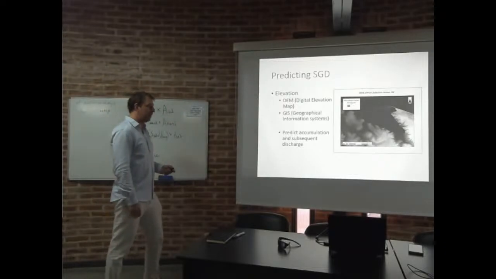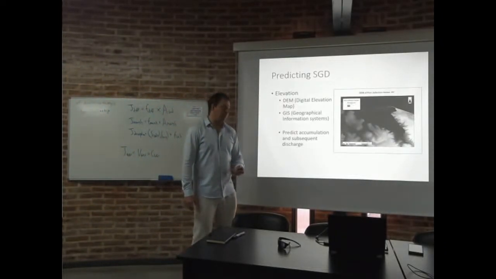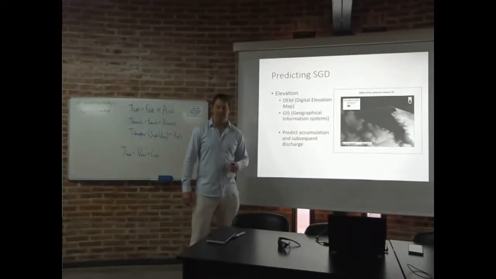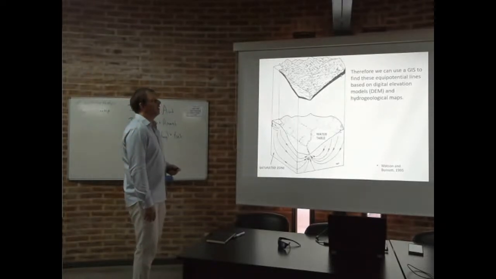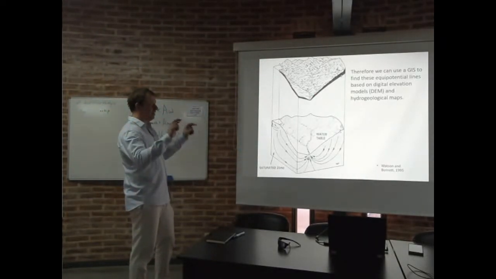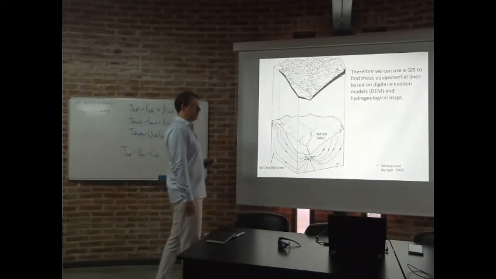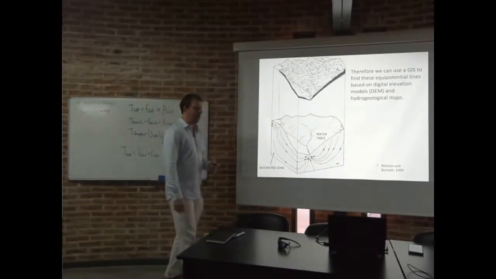And maybe we can even predict the amount of groundwater based on the GIS. So once again, the idea is to use the GIS to find these equipotential lines based on digital elevation models, and if we have it, hydrogeological maps.